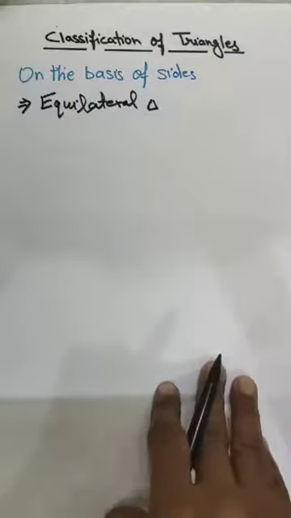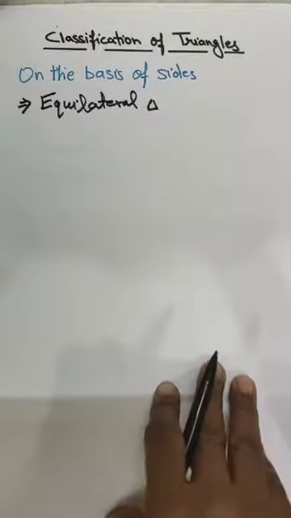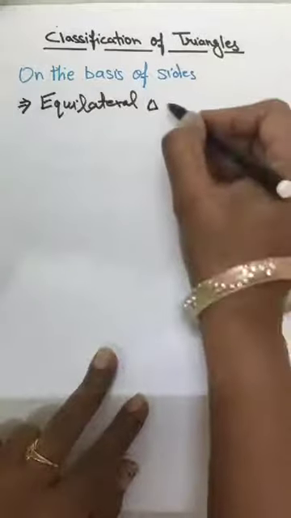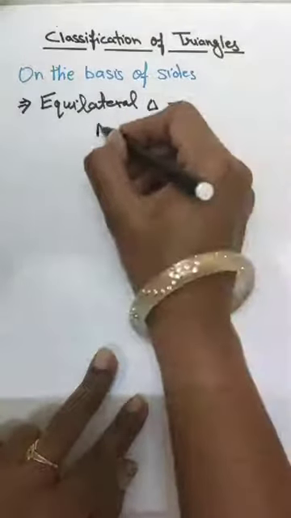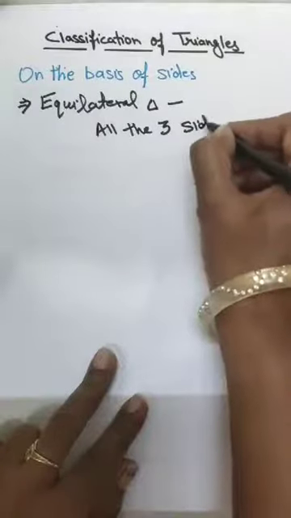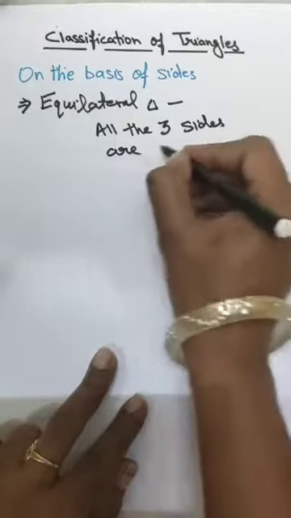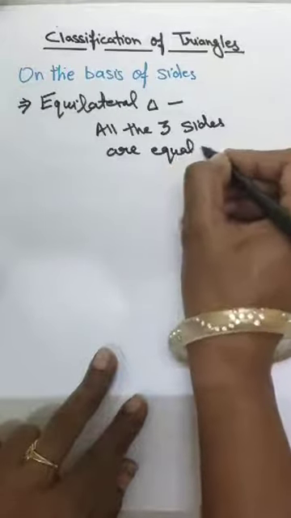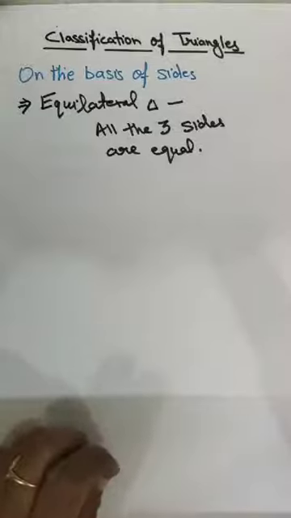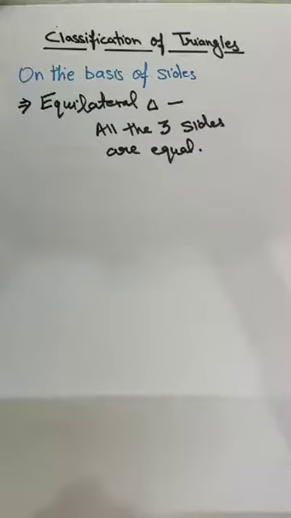What is an equilateral triangle? A triangle whose all the three sides are equal. It reflects from its name also, equilateral, whose all the three sides are equal. That triangle is called an equilateral triangle.